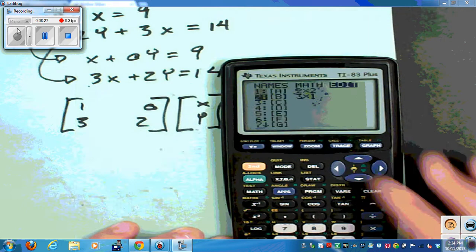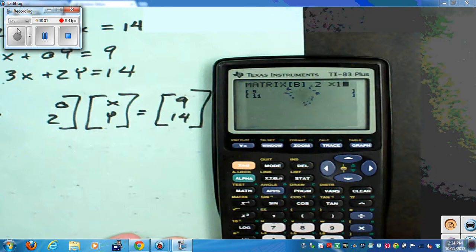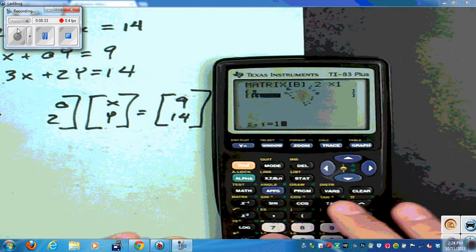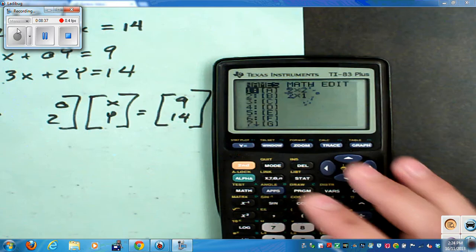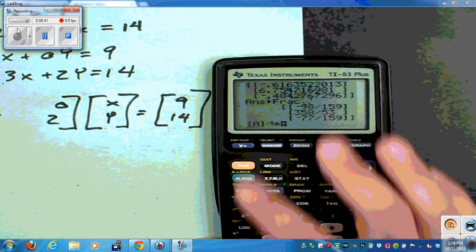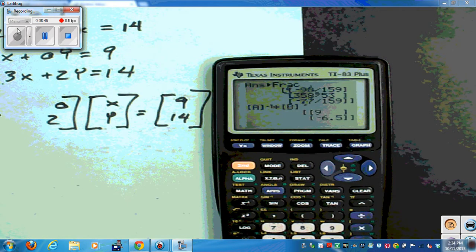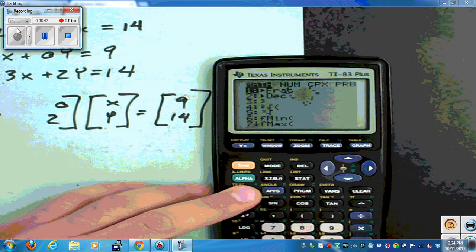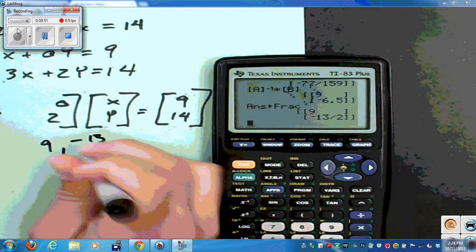Edit B. B is now a 2 by 1. 9, 14. Quit. Go back into matrix. And I'm going to do the inverse of matrix A times matrix B. And it gives me a solution. I want it as a fraction, so I'm going to put it as a fraction. 9, -13 over 2. As simple as that.